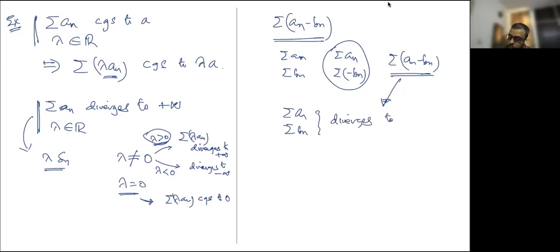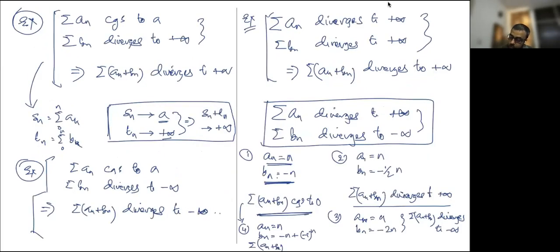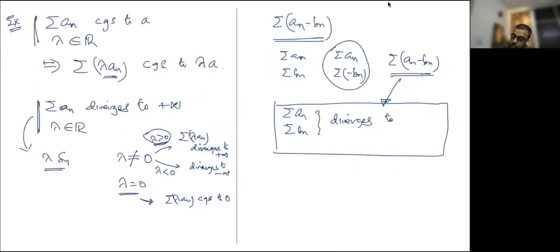So both diverge to the same infinity, that is either both diverge to plus infinity or both diverge to minus infinity. That is the case where you cannot say anything definite, and from this example, just by a slight modification, you can produce examples that would tell you that there's no definite conclusion possible. Okay.